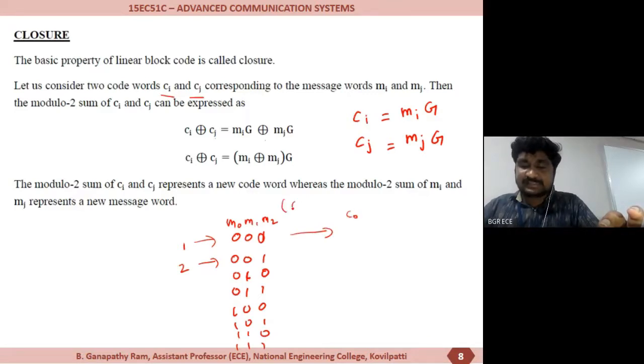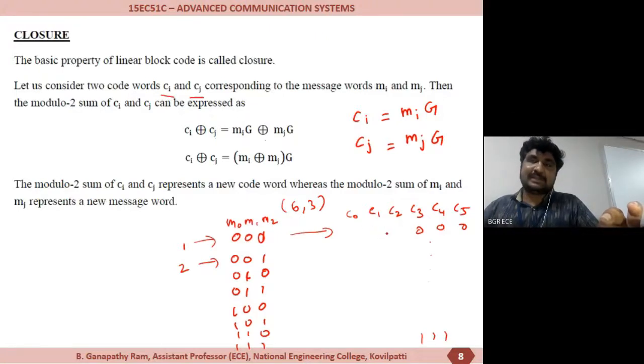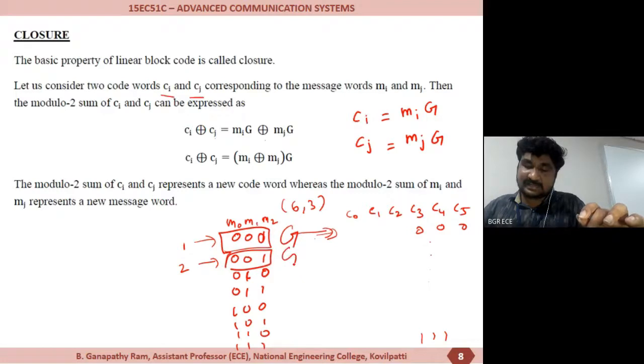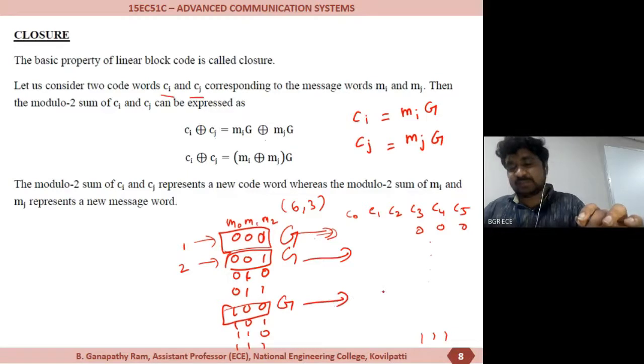Let me take a (6,3) code word C0, C1, C2, C3, C4, C5, where C3, C4, C5 replicate the message word 000 up to 111. But the parity bits depend upon the parity check matrix. So this will generate this code word by multiplying this message word with the generator matrix. Similarly, this one with the generator matrix produces the next code word, and this multiplied by the generator matrix produces the corresponding code word located here.